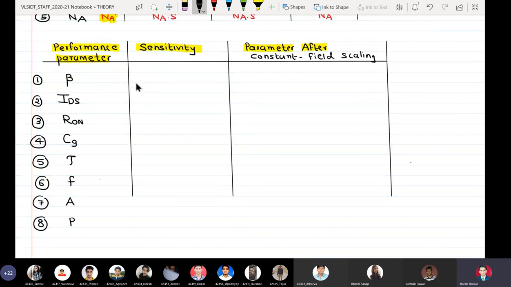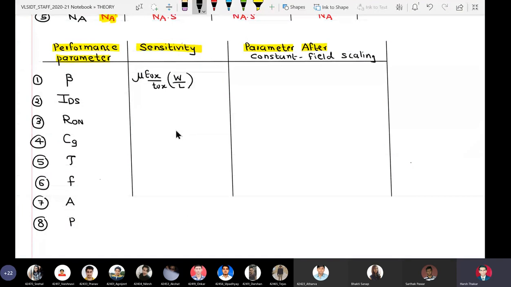So beta is equal to mu epsilon ox upon T ox into W by L. IDS is equal to beta into (VGS minus threshold voltage) whole square.